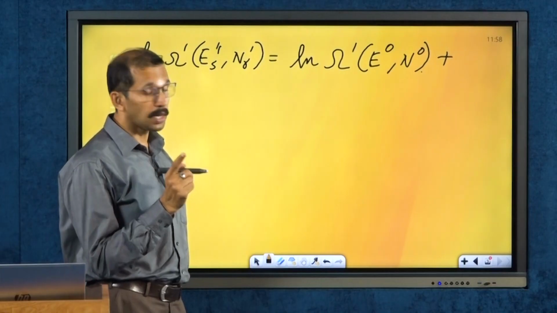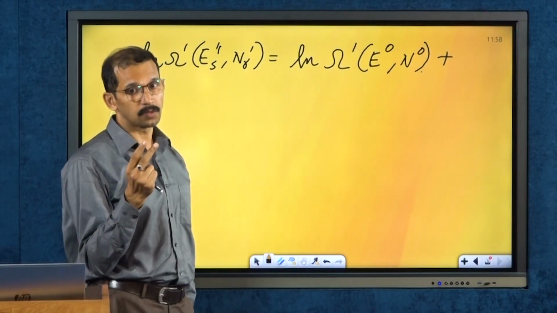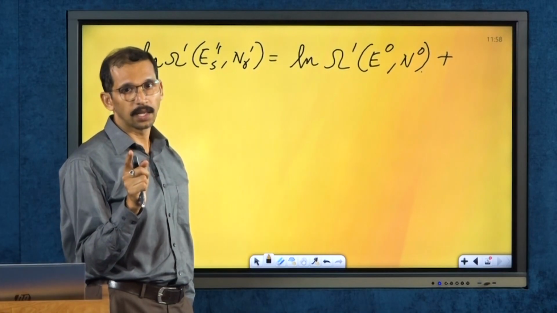Here I have to carry out the differentiation in terms of two parameters, one is the number of particles and another is the energy.